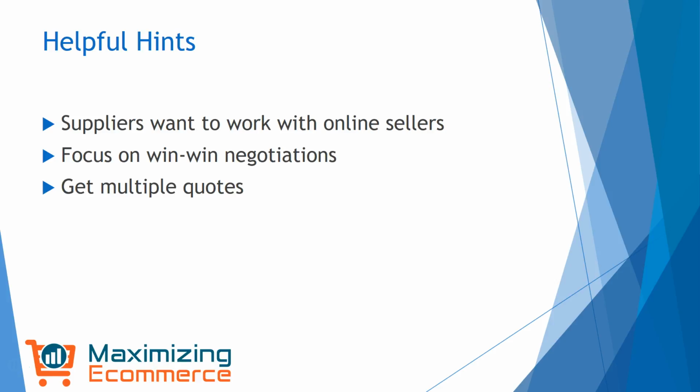Also, try to get multiple quotes. Never fall in love with the first supplier you talk to. Try to get multiple quotes. So if you're getting a product, I would start reaching out to 20, 30 just to see who are ones that you want to work with. Are they responsive? Do they seem to be understanding the questions you're asking?